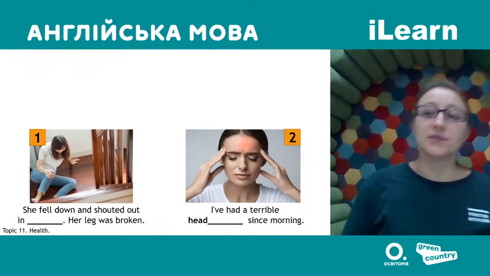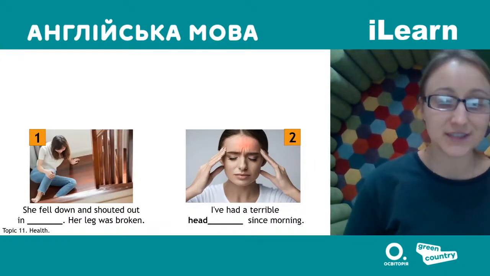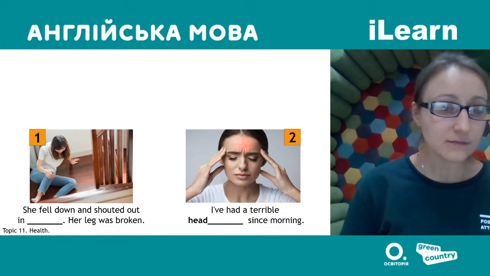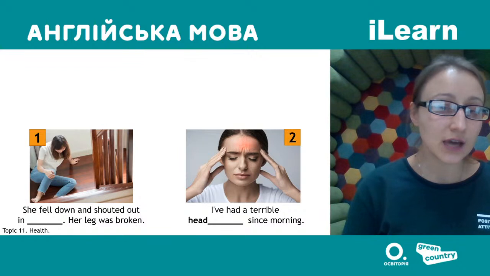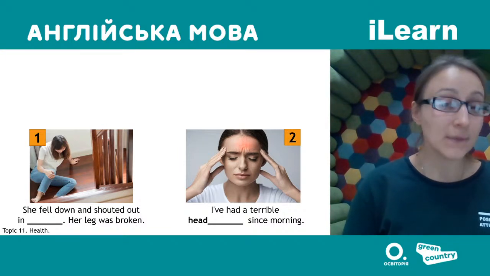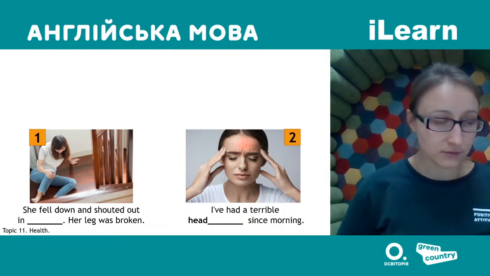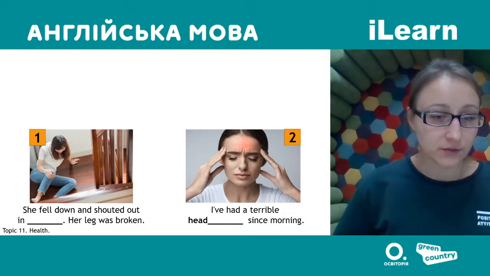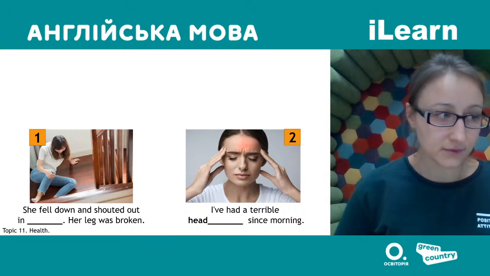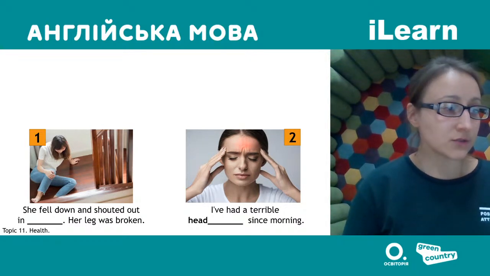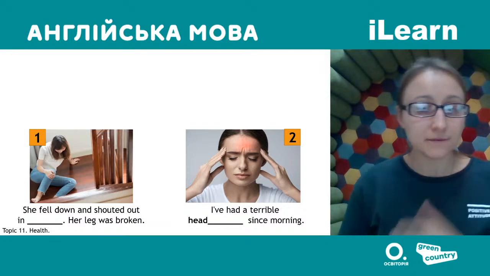Let's look at something more difficult and more interesting. Let's look at these two pictures and let's try to fill in the gaps. So she fell down and shouted out in... Her leg was broken. So she fell down, she broke her leg or anything. So what word would you put here? And we have variant 2.